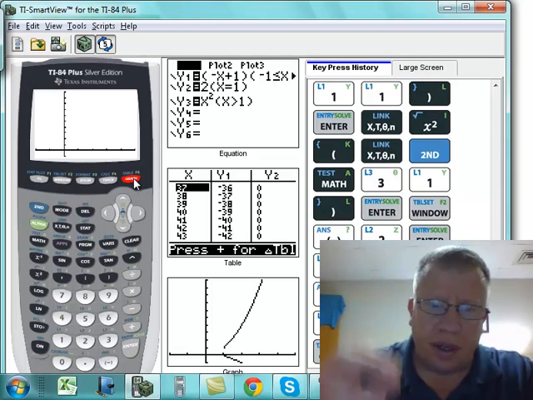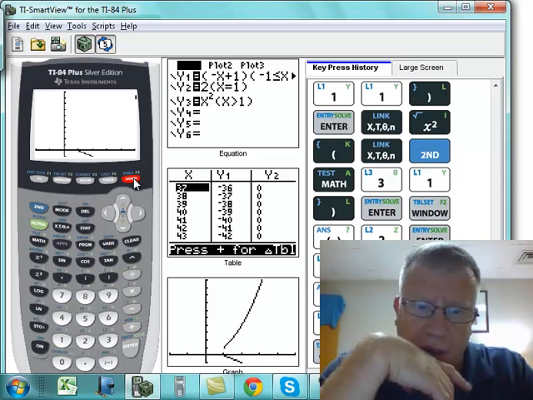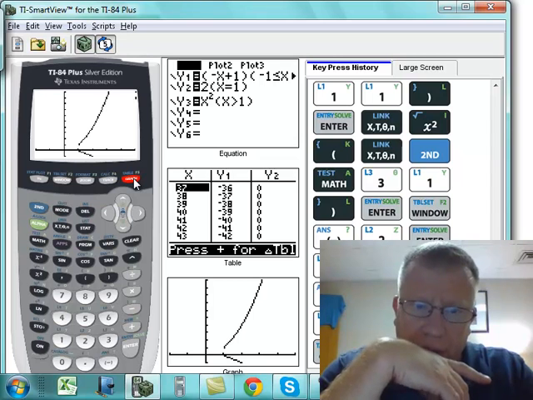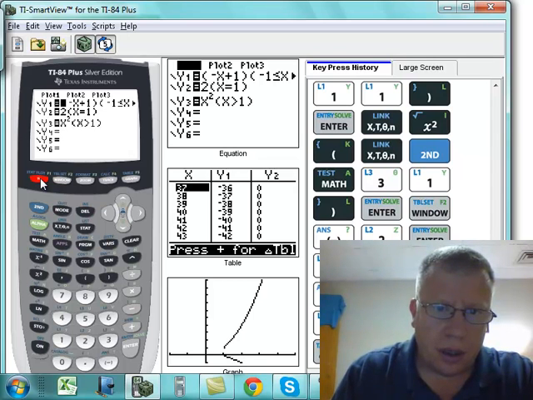So if we did this right, looks like we didn't do this right, and that's okay. I could live with it. I think that we need to go back into the equation editor and double check.